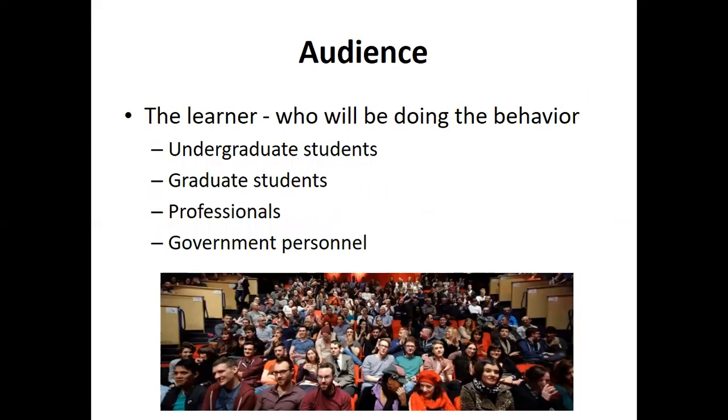For audience, who will be doing the behavior, there may be undergraduate students, graduate students, colleagues and professionals, government personnel, friends. Whoever is listening to you when you are presenting, demonstrating a skill, or delivering a lecture, who is in front of you, listening to you. So this means the audience.